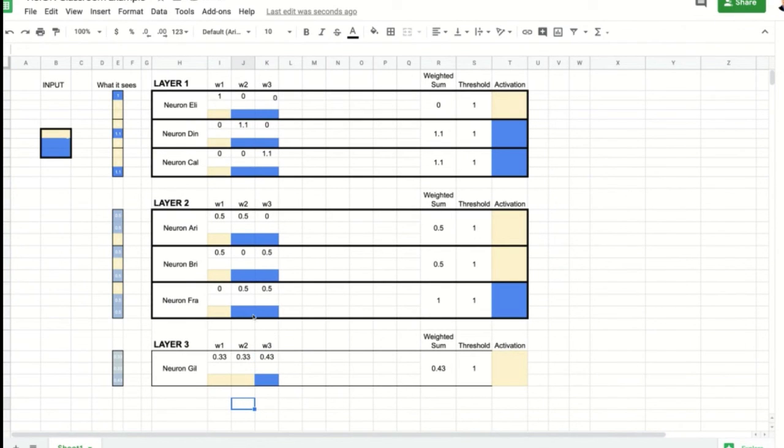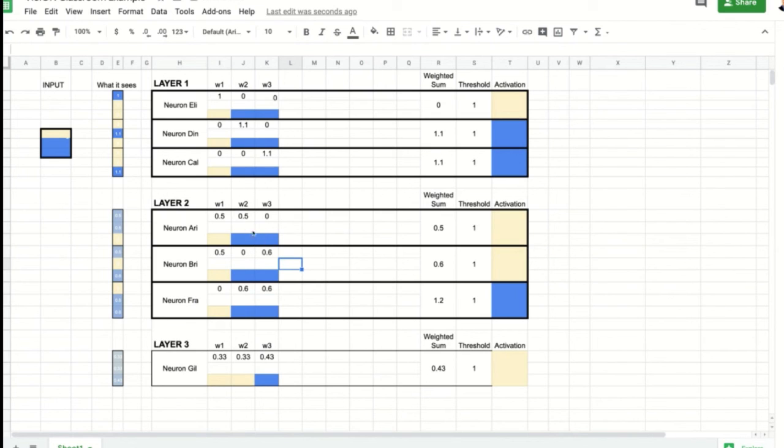Then I go back and I look at Fra. I say, so Fra, you got it right. So who sent you a 1? Because we want to strengthen that connection. And so I'm going to change these to 0.6. And then I look at Bree. Bree got it wrong, but it did have a 1 coming in here, so we're going to strengthen that one to be 0.6.